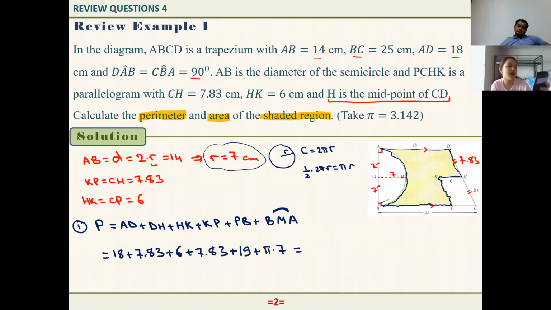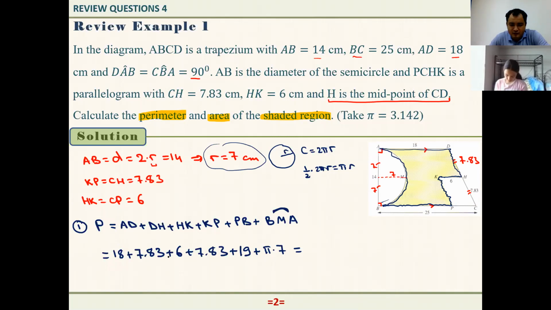This is a long number, but it's 59.10885714. Why is it wrong again? What? It's wrong. Hold on. Let me redo it.